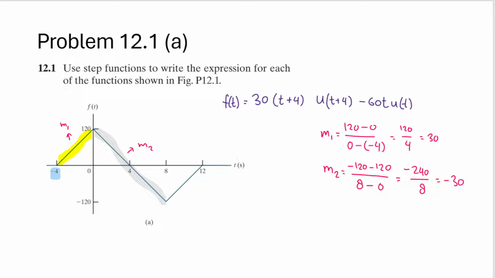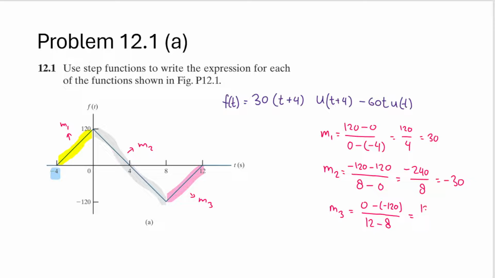Now let's move on, and take care of this part here. Let's name the slope of this line m3. Playing the same game, m3 will be (0 - 120) divided by (12 - 8).